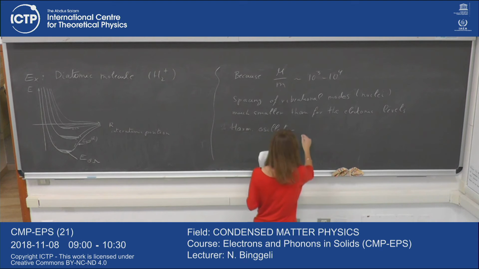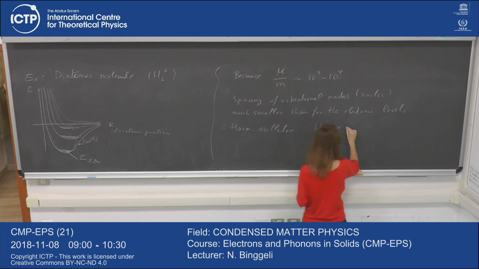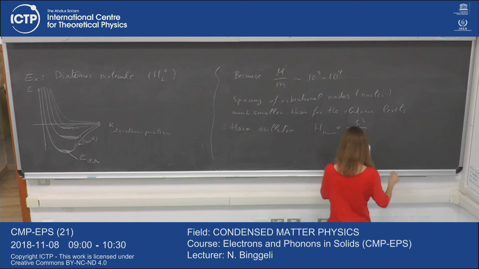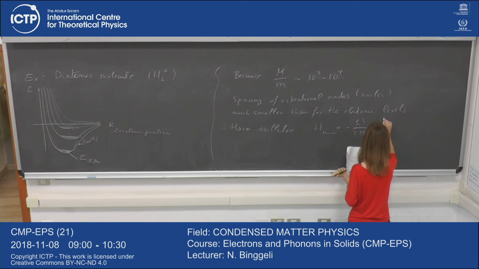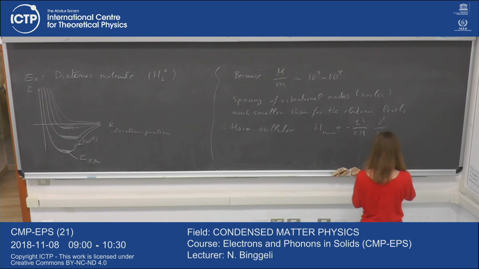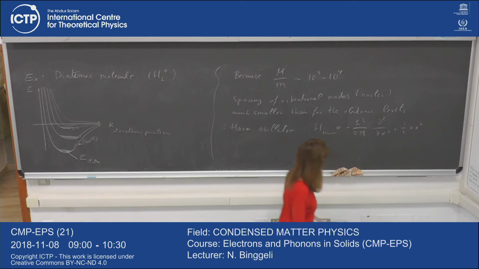The Hamiltonian is of the type minus h bar squared over 2 times the mass, the second derivative. I'm just going in one dimension, I have just one variable here, the position, the interatomic position. So the second derivative plus my quadratic potential.